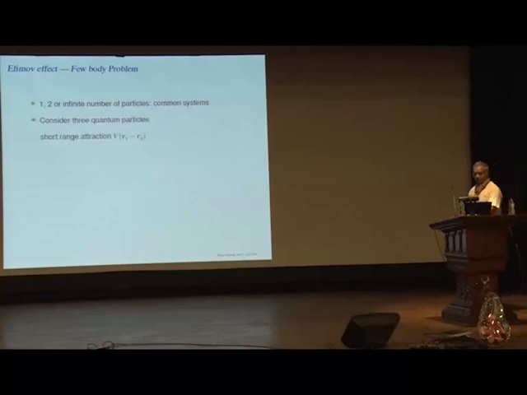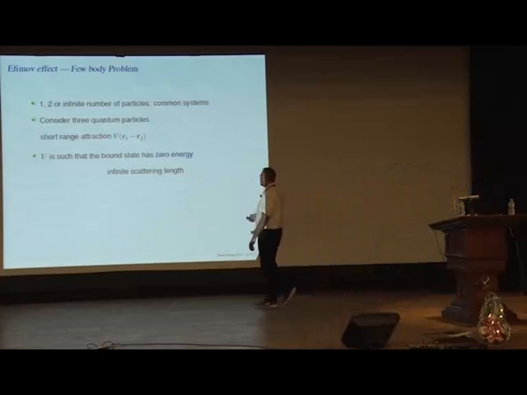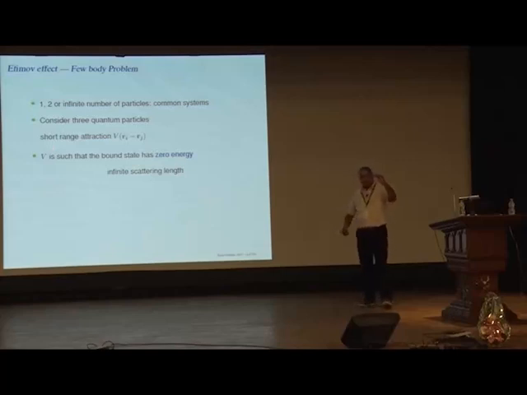What Efimov showed is that you take 3 particles with short range interaction, take a square well potential, which we solve in the first lecture of quantum mechanics, and choose this potential such that the bound state energy is exactly 0. That has an infinite scattering length.